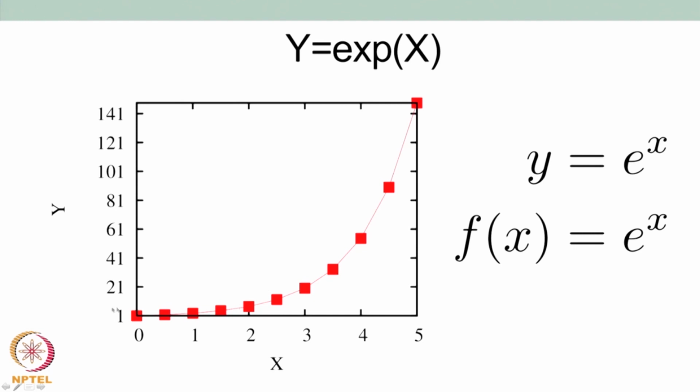You should reproduce this curve by taking a calculator and plotting it yourself by making a table like we did earlier, on a graph sheet. This is often represented as y is equal to e power x or f of x is equal to e power x, and it turns out that this function can be written as a linear combination of 1 plus some combination of x, x square and all that.